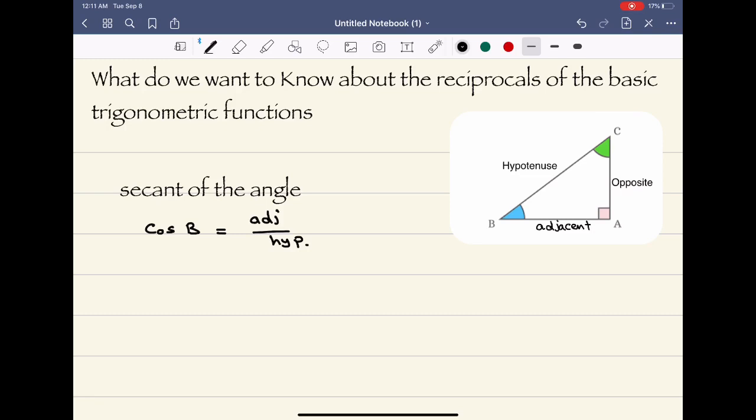Then the reciprocal of cosine, 1 over cosine B, equals hypotenuse over adjacent. The reciprocal of cosine B is called secant and denoted by sec. Sec B equals 1 over cosine B.